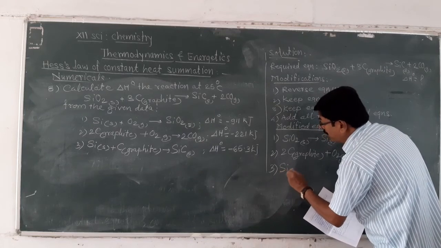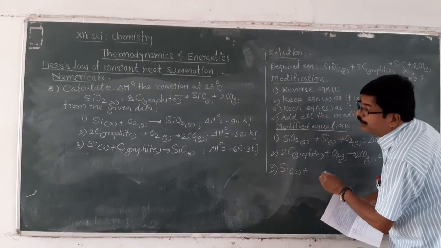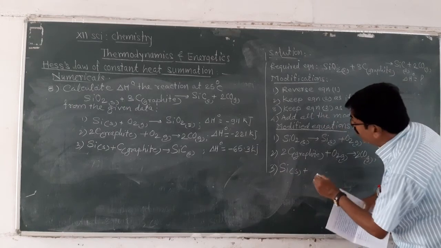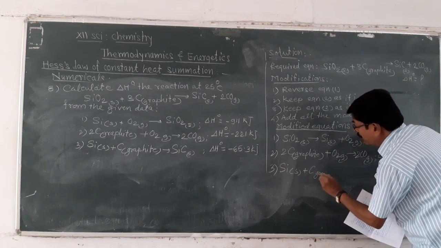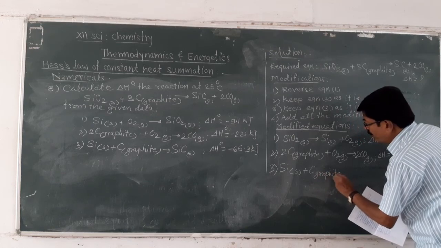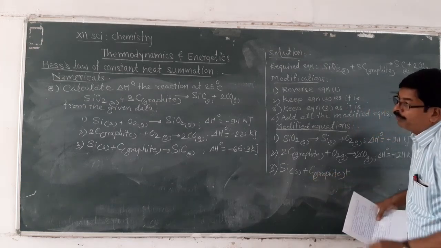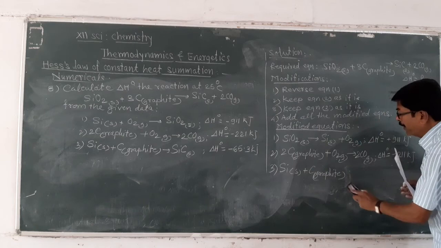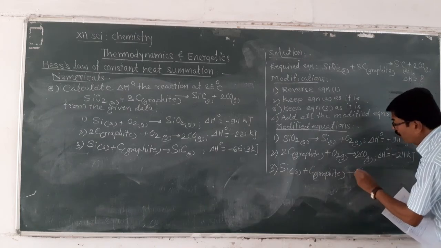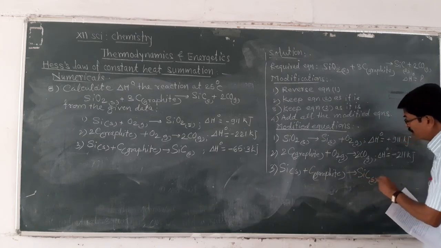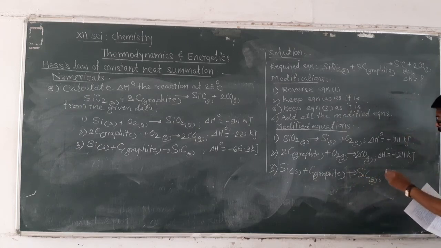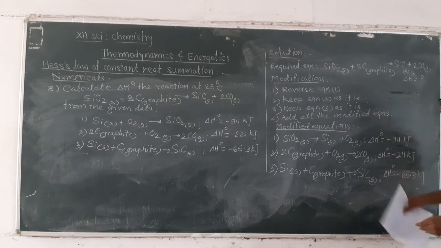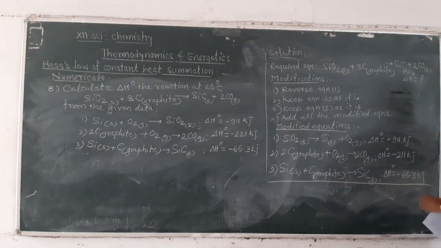Si solid plus 1 carbon graphite gives 1 mole of silicon carbide solid. Now enthalpy change delta H naught is minus 65.3 kilojoule. Modifications are made, and finally we have to add all these.